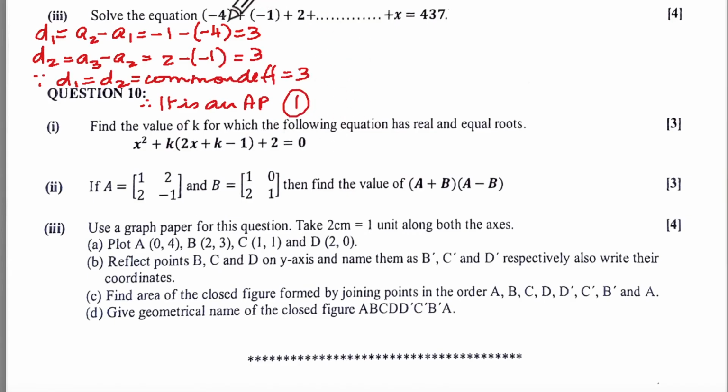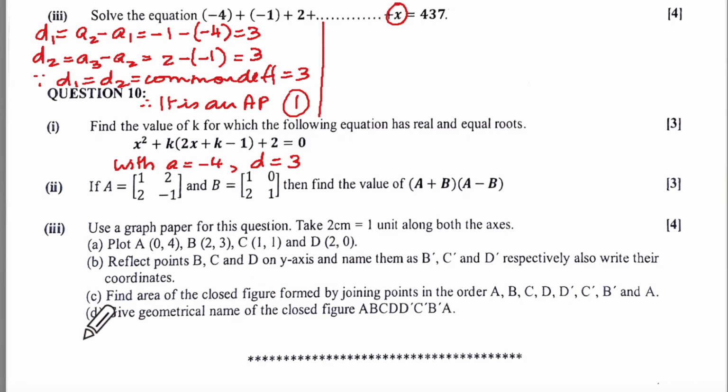Now when you add all these, you'll get the summation. But what is this? Isn't this the last term? Yes. So what will you say? It is an AP with A equal to minus 4 and D equal to 3. Agreeable to you?